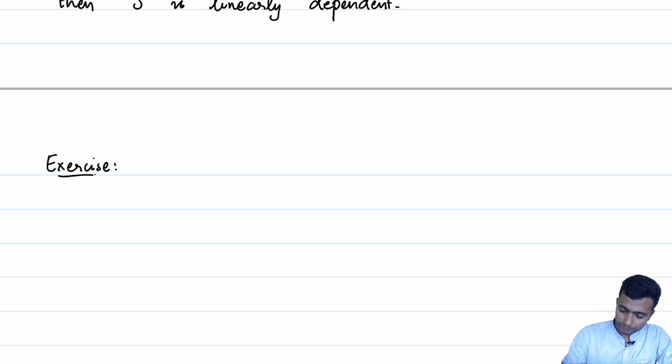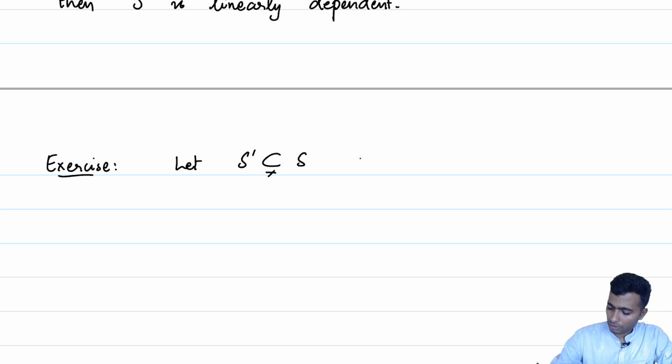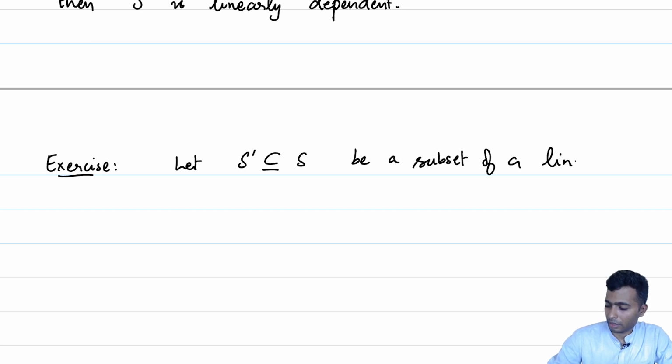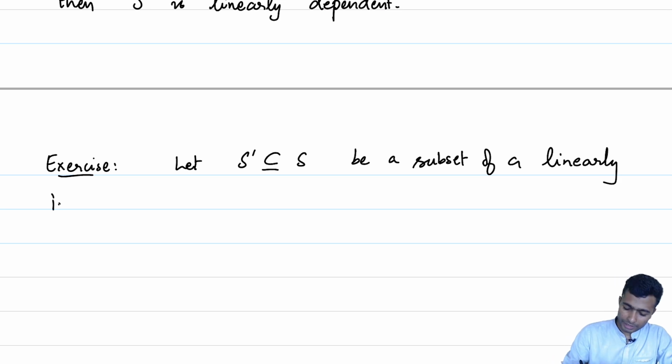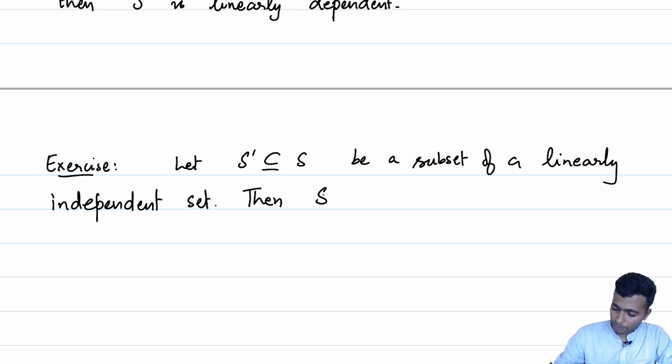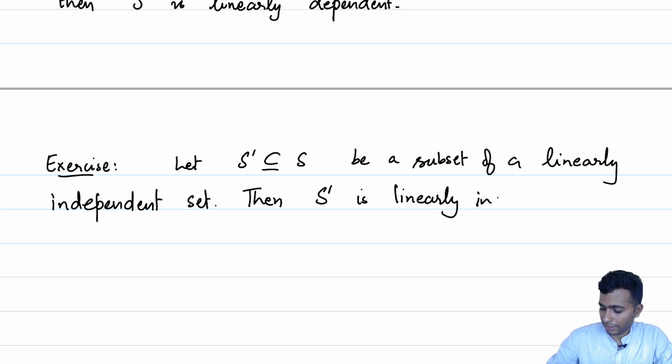Exercise: let S prime contained in S be a subset, it does not matter actually proper or not, of a linearly independent set. Then S prime is linearly independent.